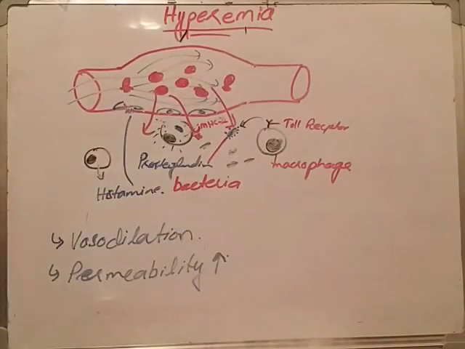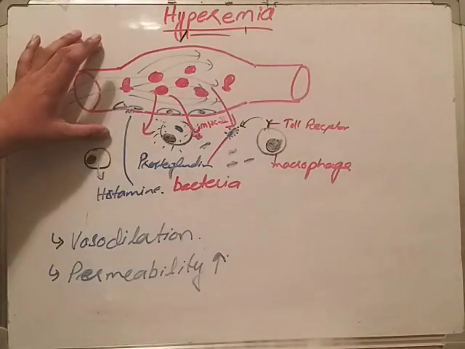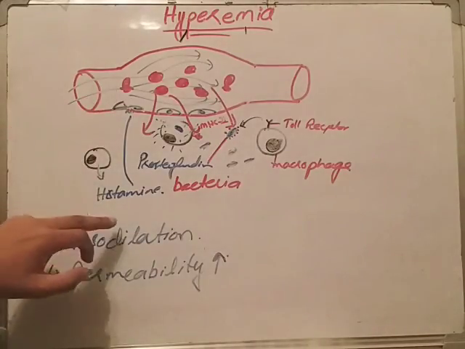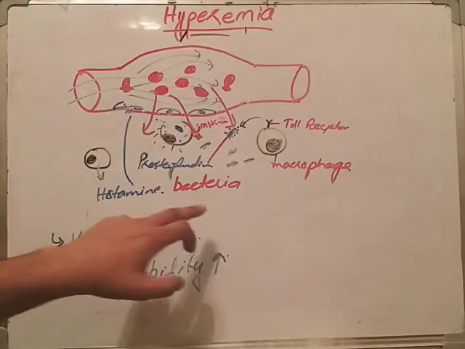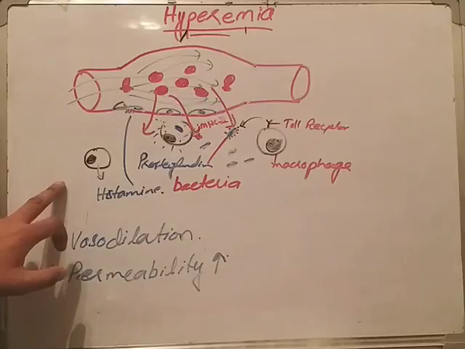So this is also called hyperemia, and this hyperemia is due to the mediators or vasodilators released by the phagocytic cells or inflammatory cells.